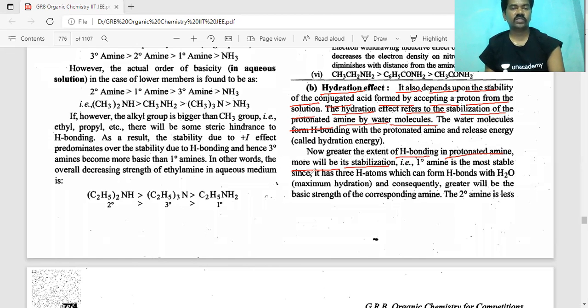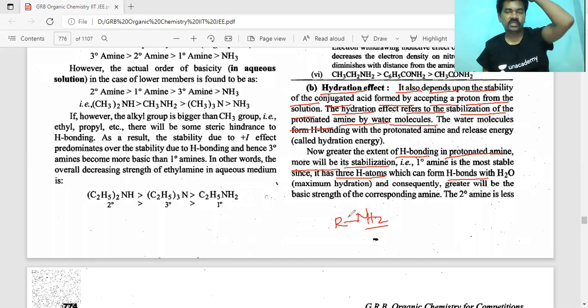The primary amine is the most stable since it has 3 hydrogen atoms which can form hydrogen bonds with water molecules, giving maximum hydration. Consequently, greater will be the basic strength of the corresponding amine.